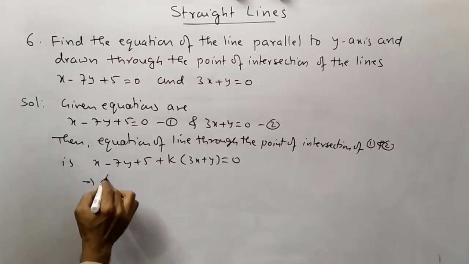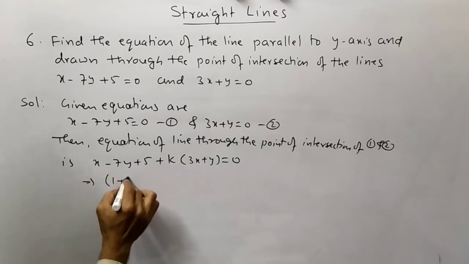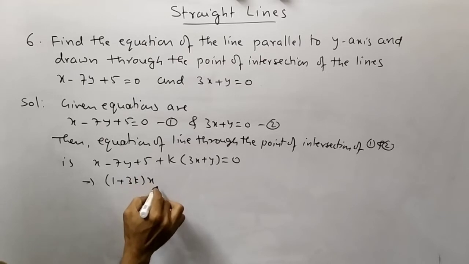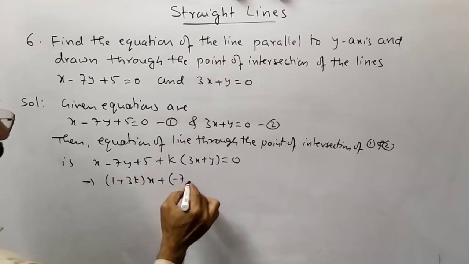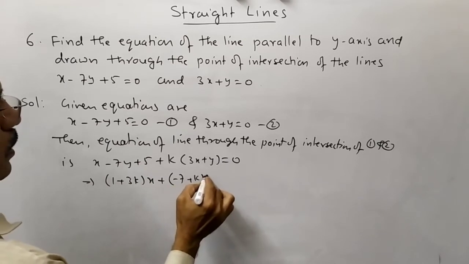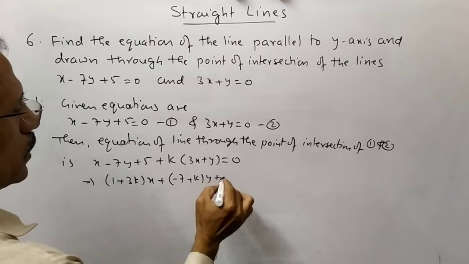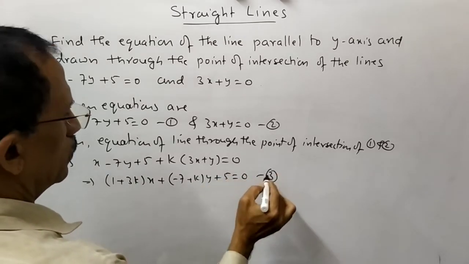This implies 1 plus 3k into x plus minus 7 plus k into y plus 5 is equal to 0. Say number 3.